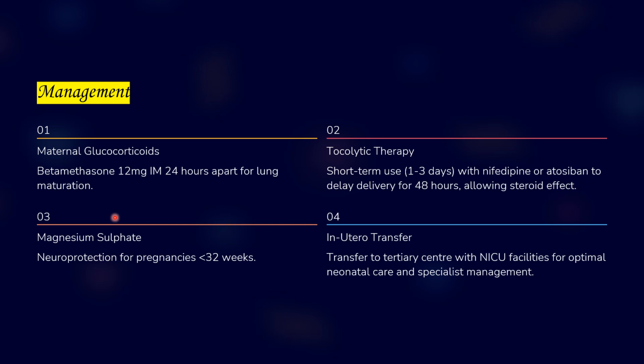And then it is suggested that if the mother is in a peripheral facility, like maybe if she is in a subcenter or a PHC, it is better to refer the mother to the tertiary center, so that you have a NICU facility there.